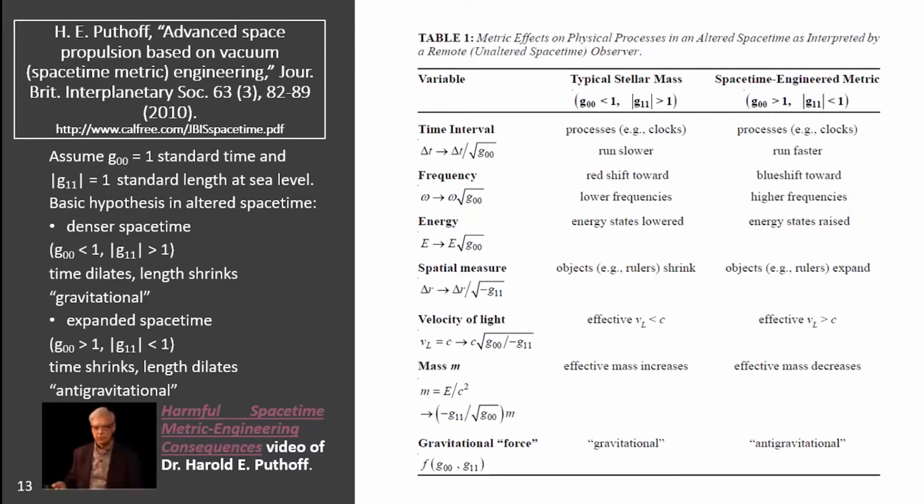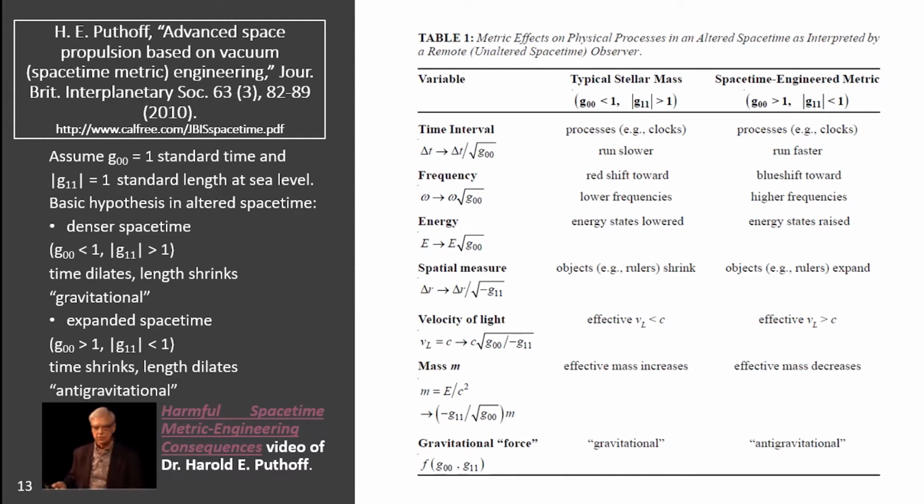Now, there's this guy named Harold Puthoff, and he did this paper, Advanced Propulsion Based on Vacuum Space-Time Metric Engineering. And in here, what I have is a copy of table 1 of his paper, and I have the link there.